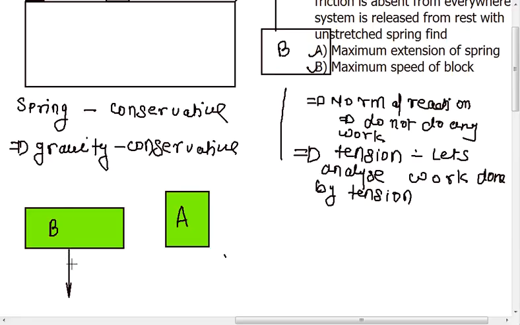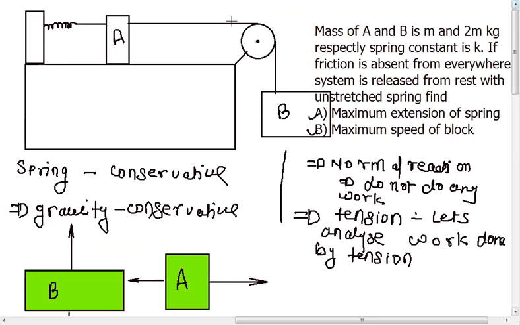In this direction this is the mg, and this is the T. So if you look at this, these are the forces: this force is by this portion of string, and this force is by this portion of string.